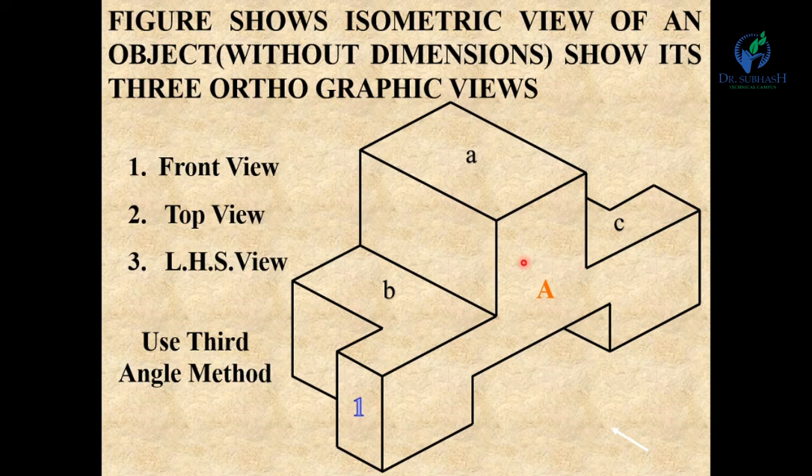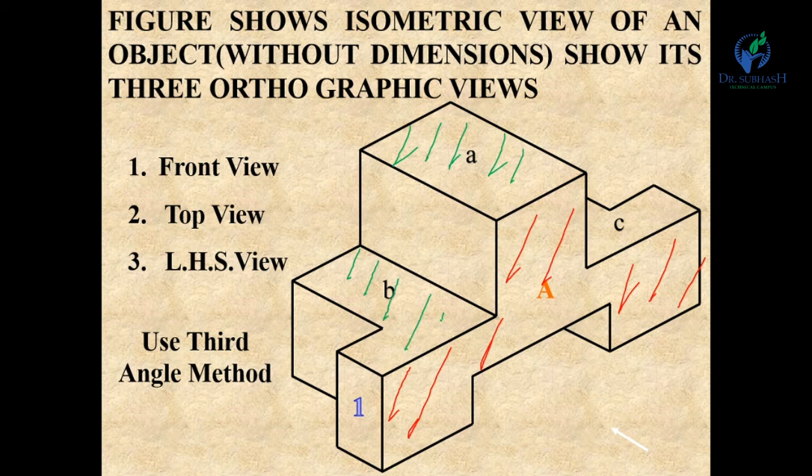Now we have to draw its front view, top view, and left hand side view. In the front view you can see this portion A, it will show the front view. And this green colored portion will show its top view.